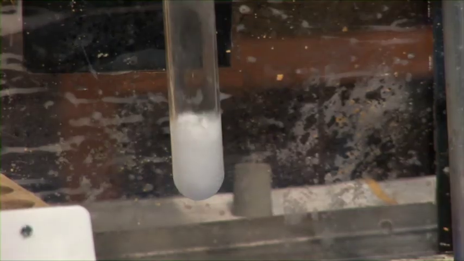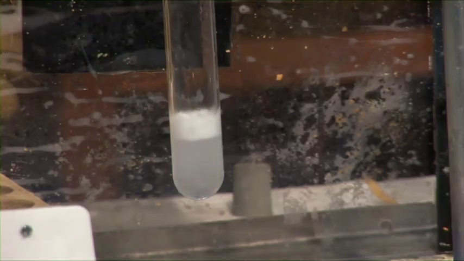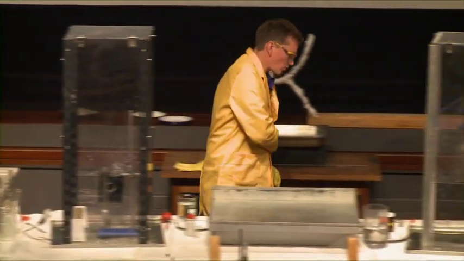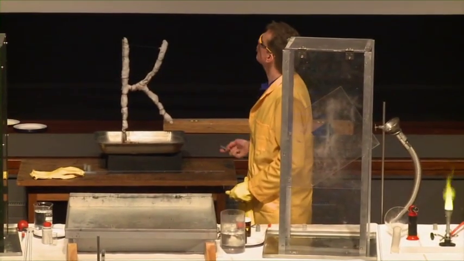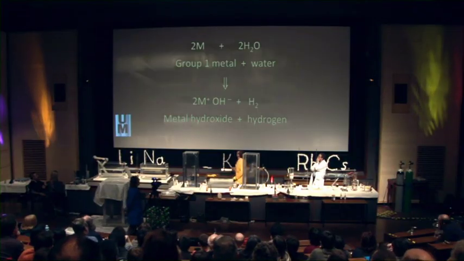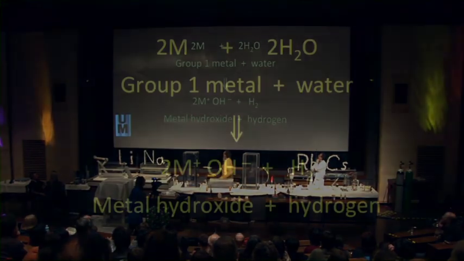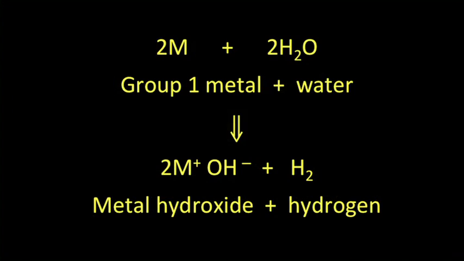So this is lithium. You can see that it's bubbling rather nicely. It's forming hydrogen gas. And in fact, we can see the chemical equation for the reaction. It's the same chemical equation for all of the elements. We have the metal reacting with water to form the metal hydroxide and releasing hydrogen gas. So every time it's the same equation.